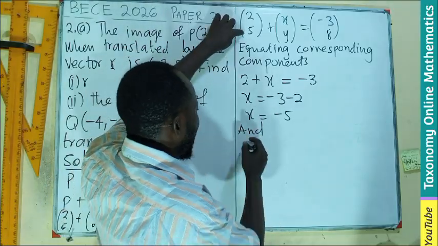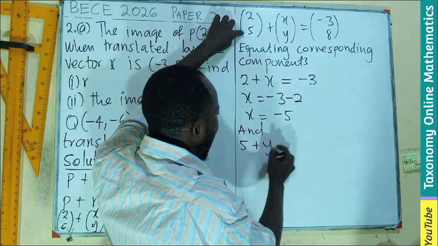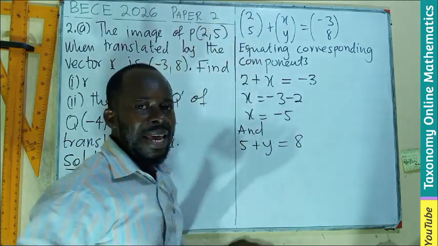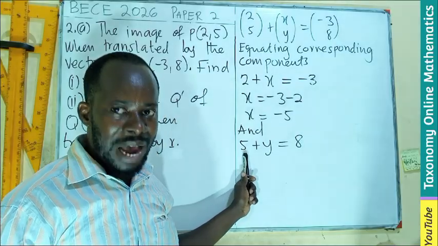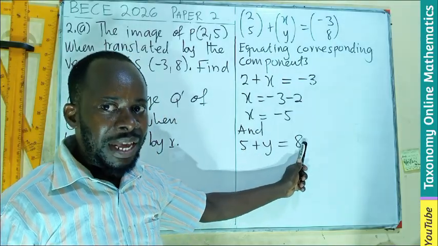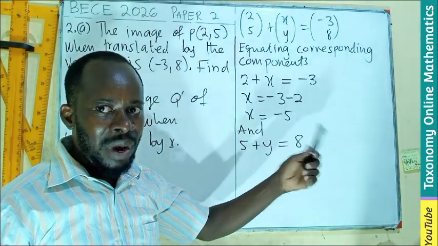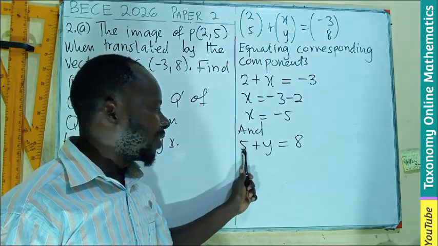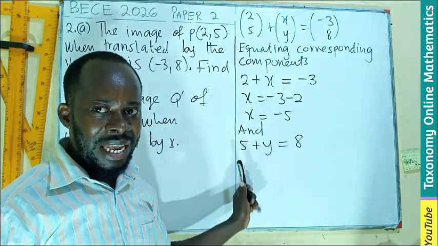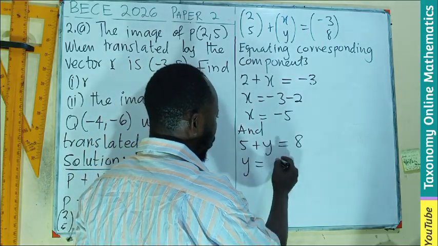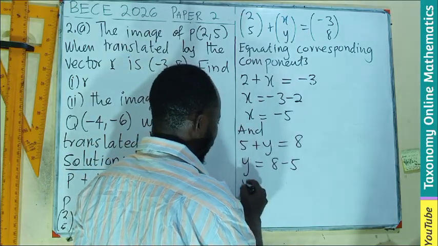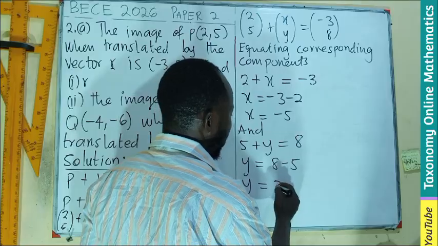Then we can also compare the y component: 5 plus y should be the same as 8. Meaning there is a value of y added to 5 to give a total of 8. We can think of that value as 3. Or subtract 5 from both sides to make y stand alone, so y equals 8 minus 5, which is 3.